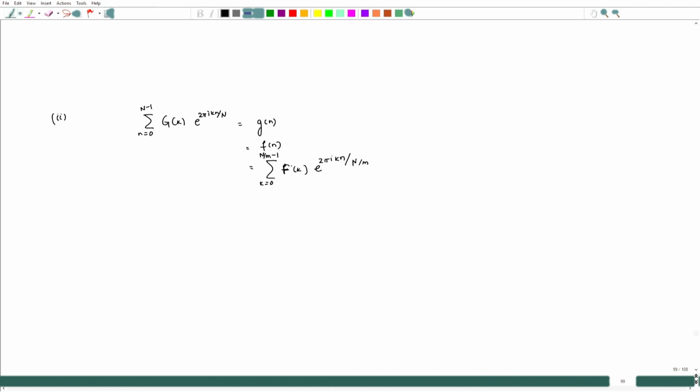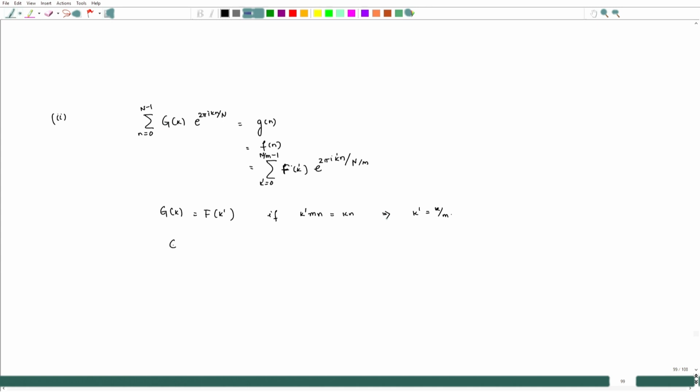Now equating the coefficients, what do we get? We get that g hat of k prime is equal to f hat of k prime if k prime m n is equal to k n. That means k prime is equal to k by m, and that is what we would like to get.